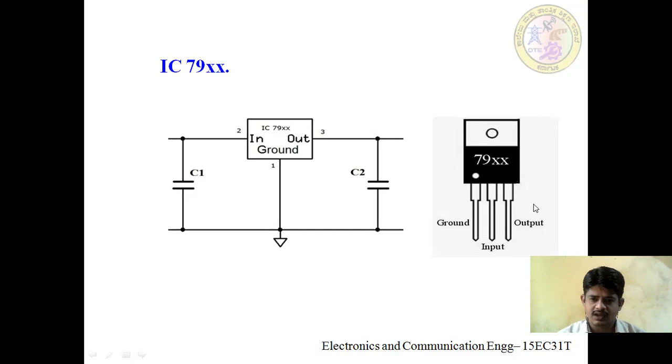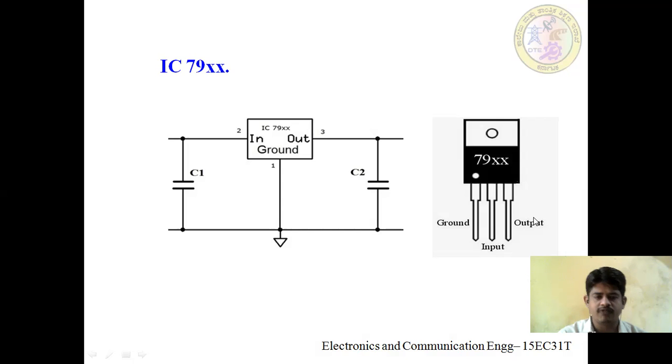This is the pin diagram of the IC 79 series. It has 3 pins: ground, input, output. You should remember one more thing, how you have to check the pin number. See here, if you are holding it in this position, as shown in this diagram, keeping the legs down and facing the number towards you, then the left terminal is ground, the center one is the input, and the third one is the output.